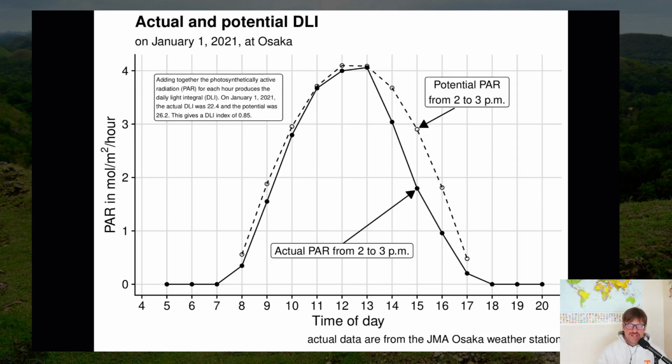And then on a clear day, when there are no clouds, generally you're going to get about 75% of that radiation will pass through the atmosphere and reach the surface.